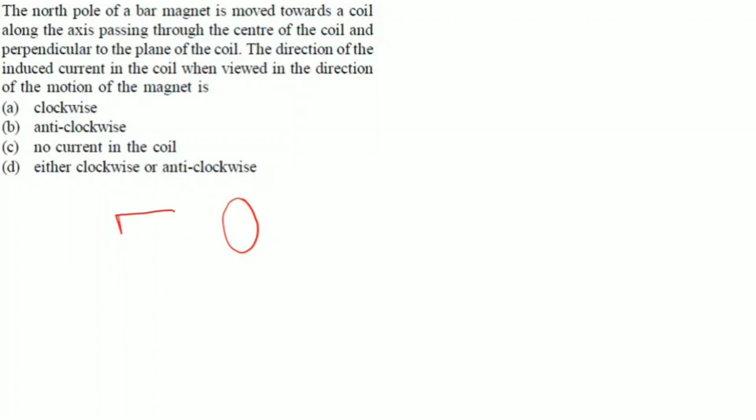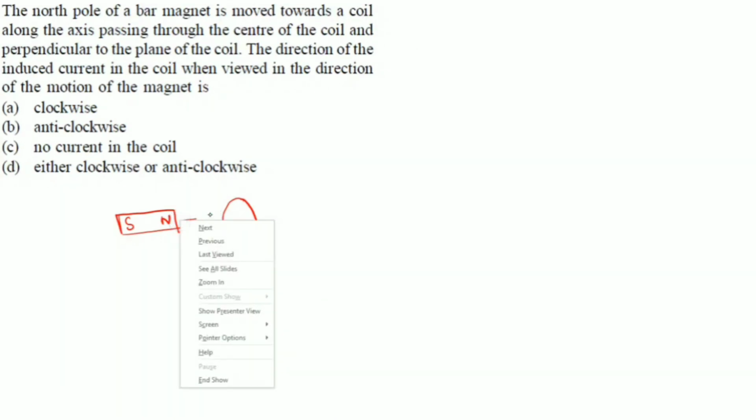and here this is a bar magnet, north pole, this is south pole. When this north pole of the bar magnet is moving towards the coil, magnetic flux linked with the coil changes, induced EMF takes place, so that current is produced in the anti-clockwise direction.